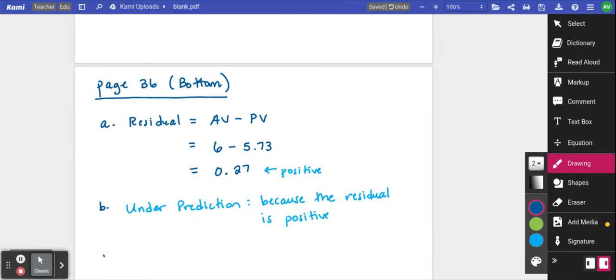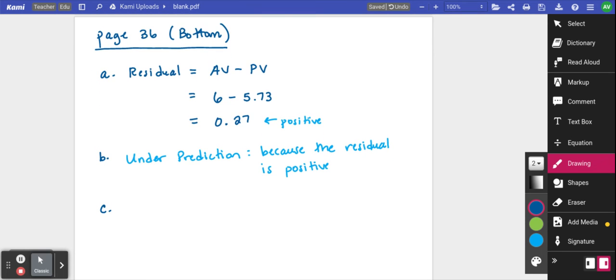The last part of the question here asks me to interpret the meaning of the residual. So I'm going to start this sentence by talking about the x value of that ordered pair, which was 32. So I would say when a person is 32 years old. So I'm always going to start with the x. Then I'm always going to start by saying the actual value because the actual value is the first thing in my equation when I calculated my residual. So it's the first thing I'm going to put in my sentence explaining what it means.